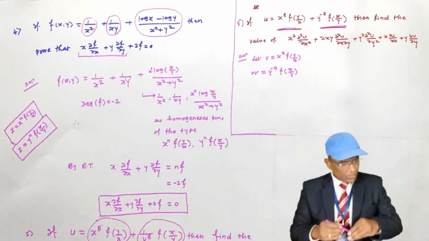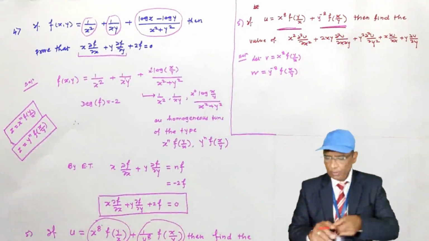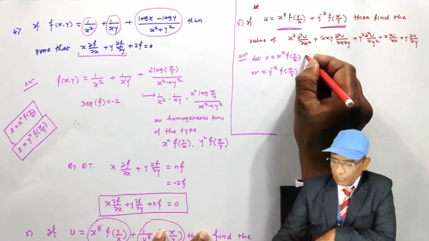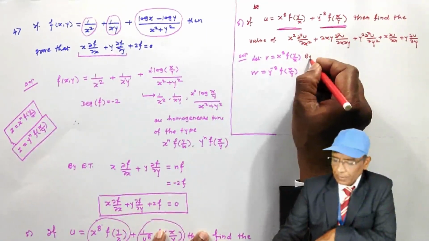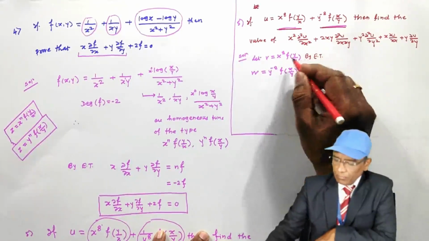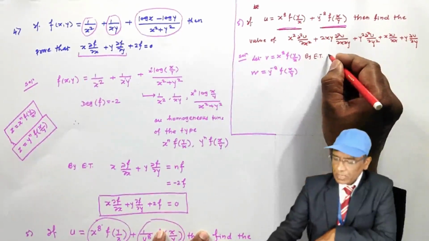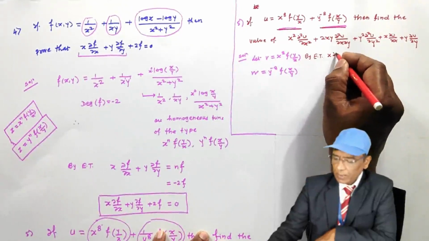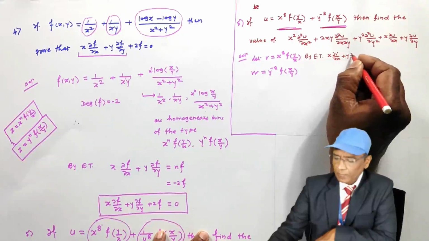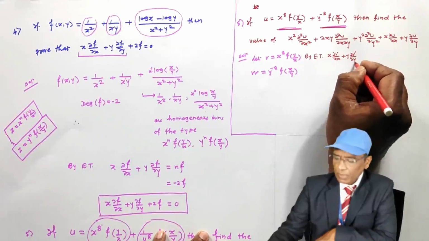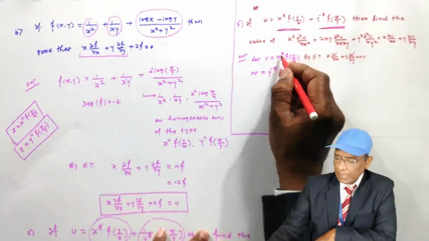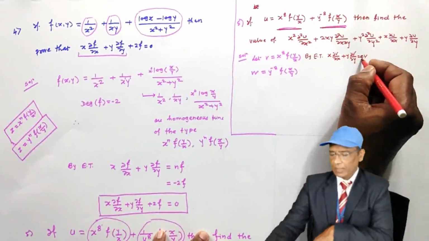Now, in short, we are going to solve this problem. By Euler's theorem, for the first order differential coefficient, x del v by del x plus y del v by del y is equal to nv. Here 8v I am writing, n is 8 directly.